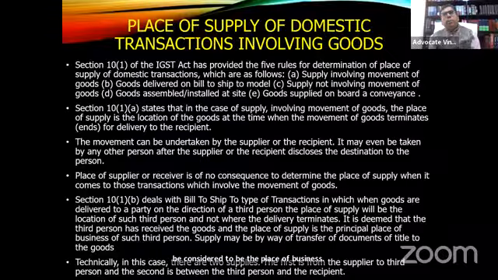Now, B will further raise a bill to C. So in this case, eventually two transactions take place simultaneously. A sells goods to B. B is based in Gujarat. So A will raise an IGST invoice on B, considering place of supply to be Gujarat.